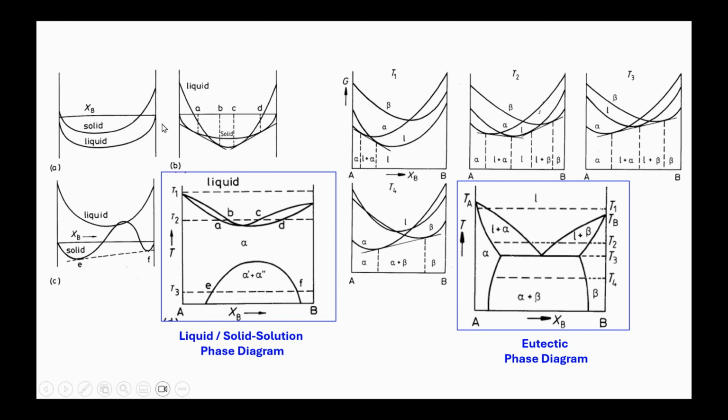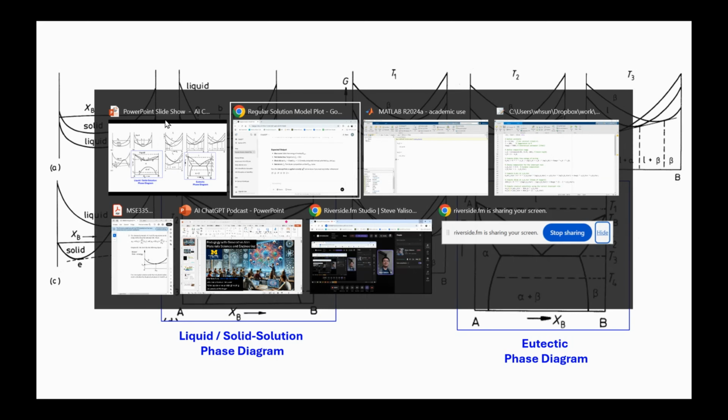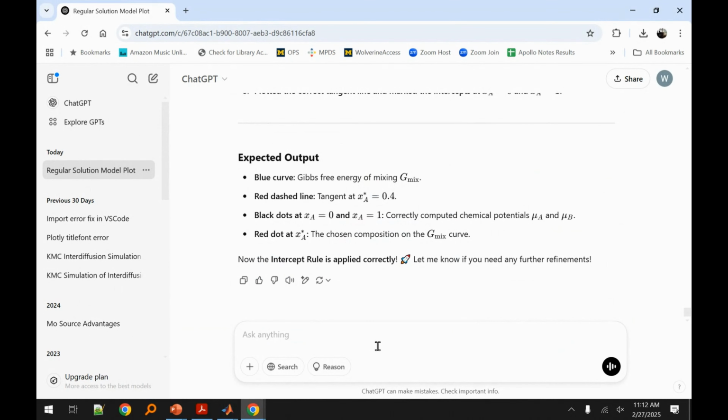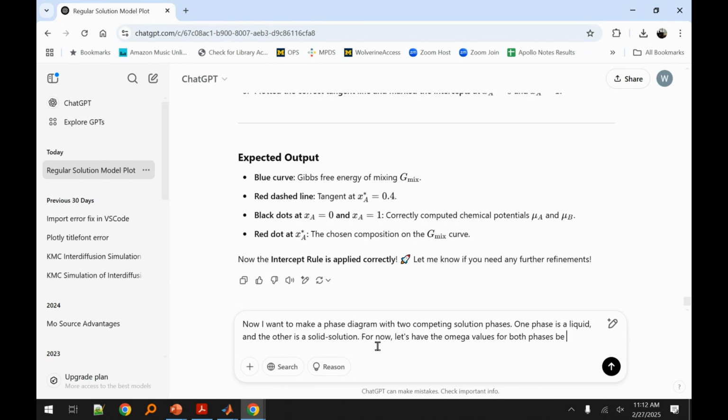But now I want to make a phase diagram with two competing solution phases. One phase is a liquid, and the other is a solid solution. So for now, let's have the omega value for the solid be positive, let's say 5 kilojoules.